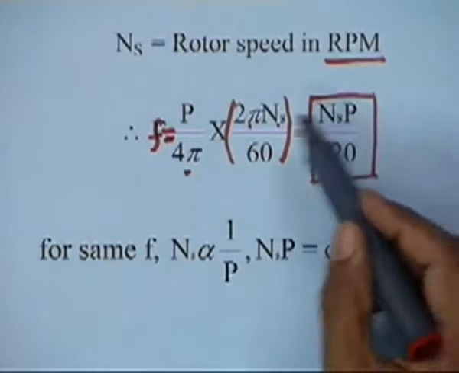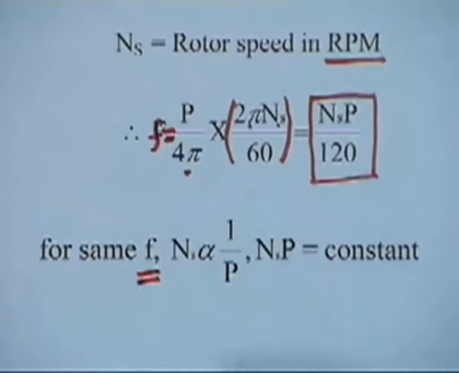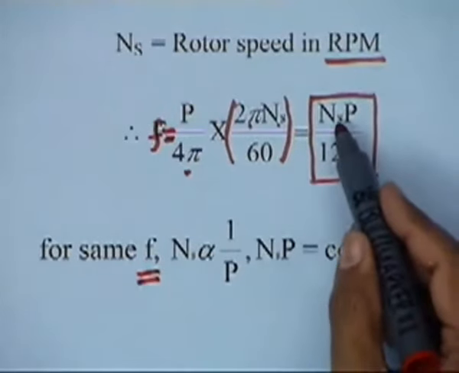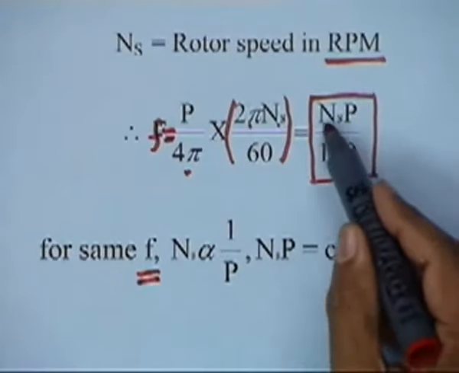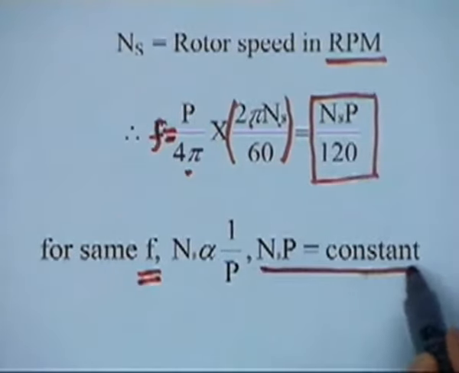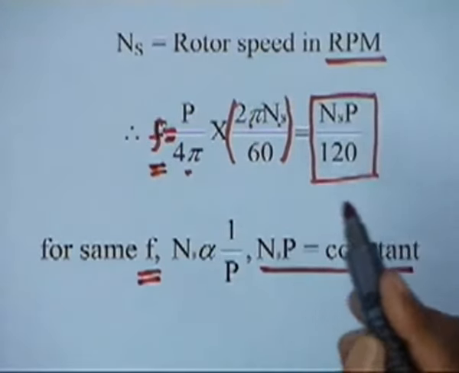Higher the poles, higher the frequency. Or in other words, for the same frequency, the speed is proportional to 1 over p, because ns into p is constant. If the frequency is constant, the product of ns into p must be constant.